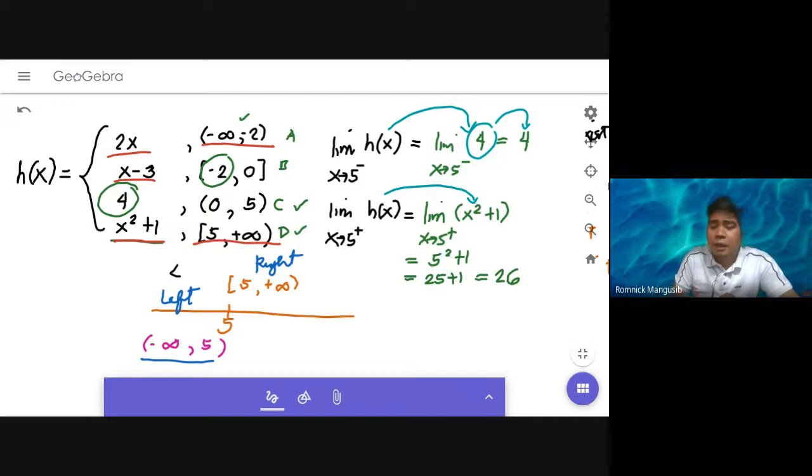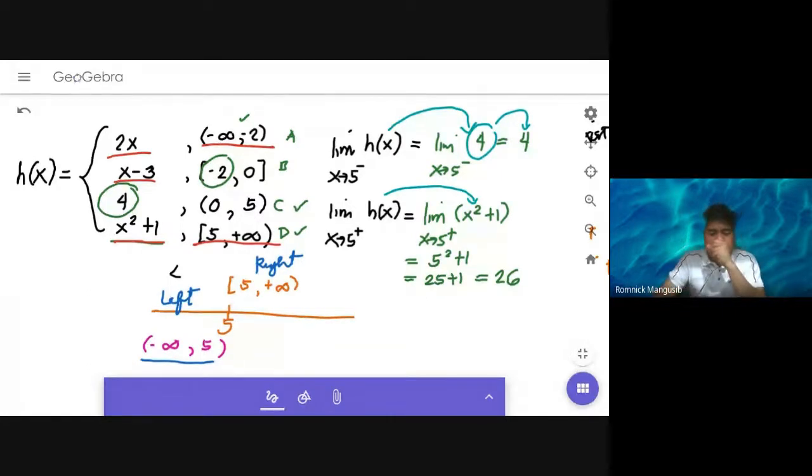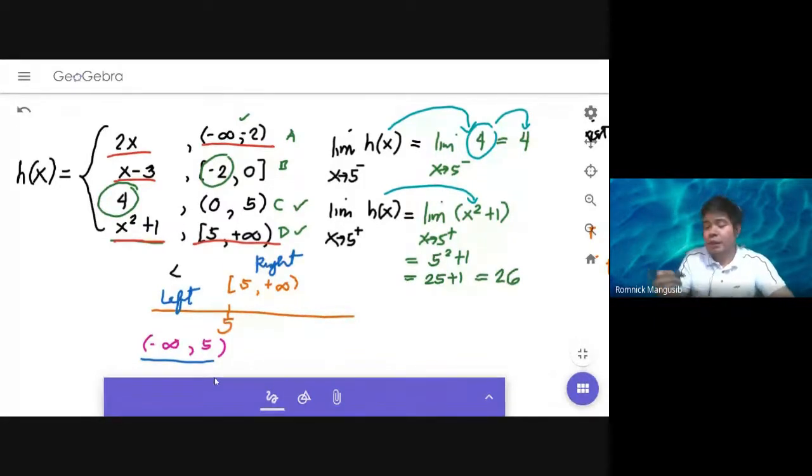So, kung ganyan na nangyari, ang left ay 4, if left is 4, y gets closer to 4.